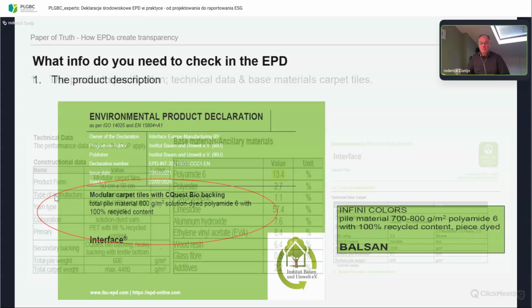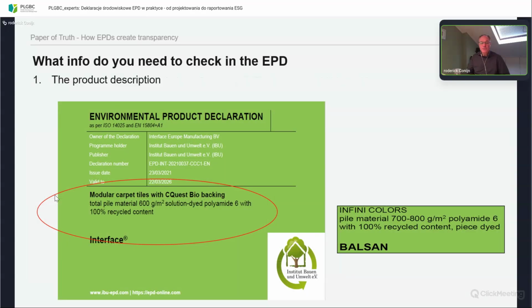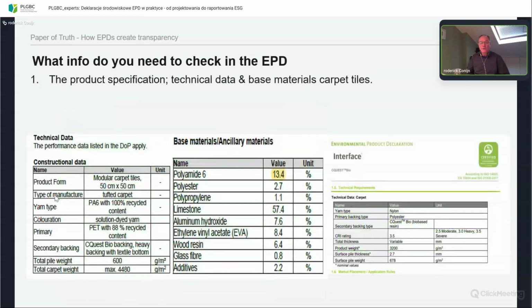or it can be a product with 700 to 800 grams PA6 with recycled content, but then piece dyed. So that's a different way in which the coloring of the yarn has taken place. We also talked about it being a building passport, because the raw materials are described in an EPD. As you can see, for example, that's a 50 by 50 carpet tile produced with 100% recycled yarn.